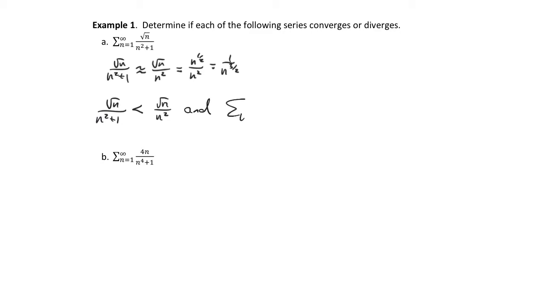For the sum of 1 over n to the 3/2, we have to think about the comparison test. My terms are smaller than these terms, which is a good thing, because the partial sums for my series will be smaller than the partial sums for the series that I'm comparing to, and that series converges by the p-series test with p equal to 3/2, which, by the way, is greater than 1.